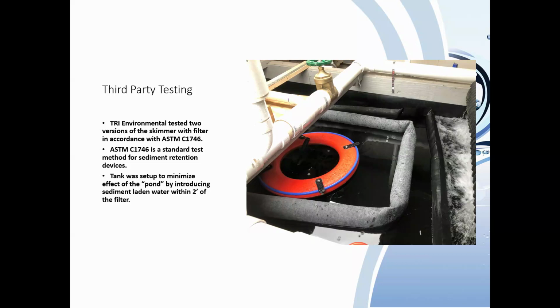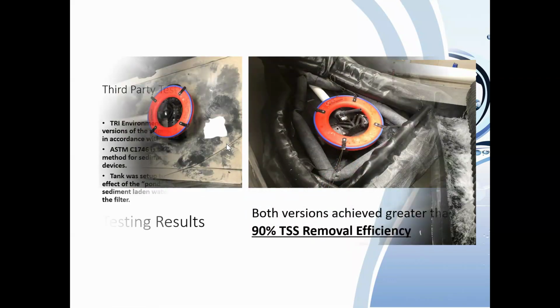This test was a worst case condition for testing the filter, to see what it alone could do, not taking in the benefits of a typical pond that removes some pollutants before they get to the outlet. It was modeled as a dry pond. We started off with the tank empty, filled it up, went through a cycle, and then drained it out and did the testing that way.